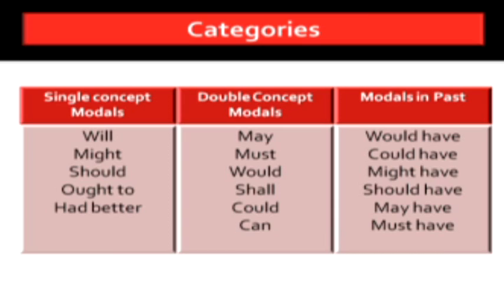Now different categories: single concept, double concept modals, and modals in past. So we have some examples here. First we will see the single concept modals. The examples are will, might, should, ought to, had better.